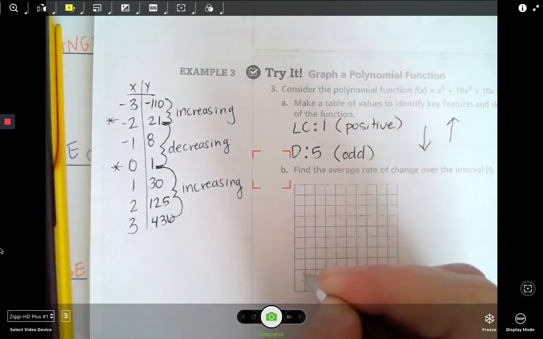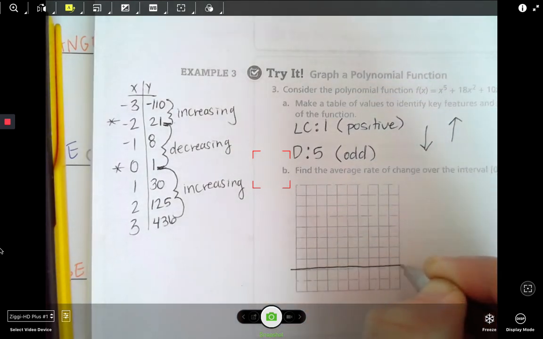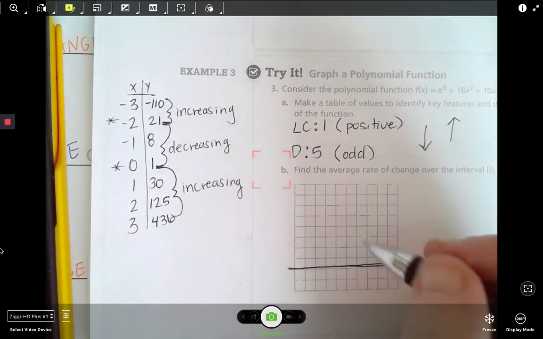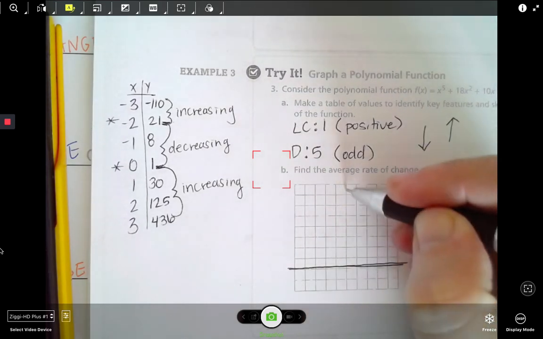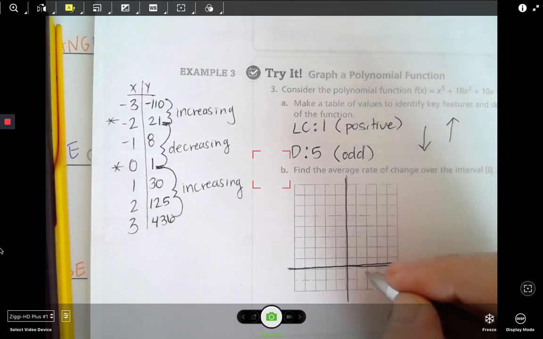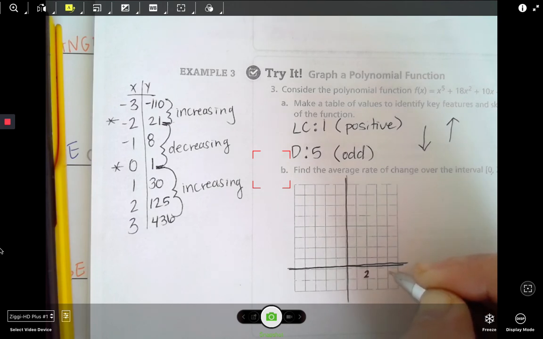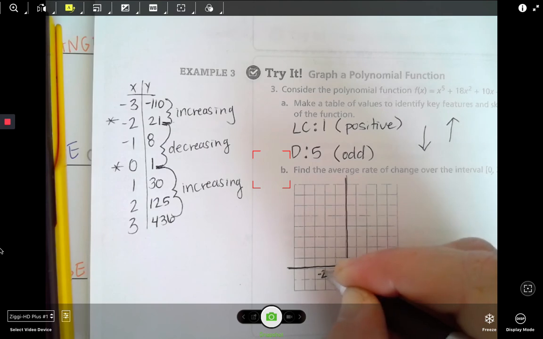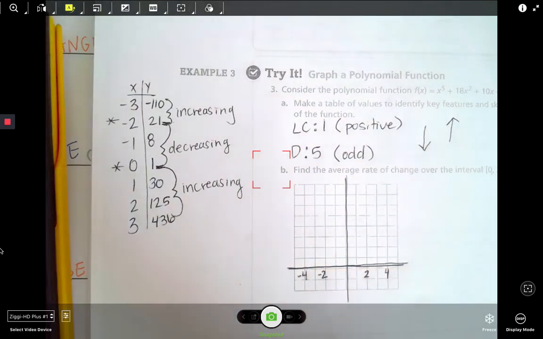We'll go up to, and we will go normal, like 1, 2, 3, 4, 5 on both sides, so -2, -4.